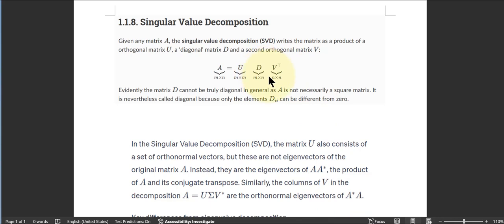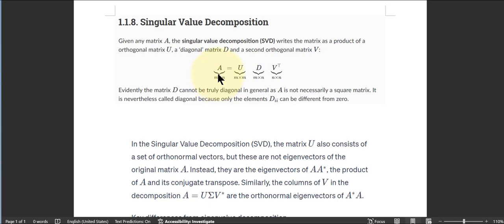Okay, that's pretty complicated, but the main point is that we have a way to factor A. Before, it was a way only to factor A when it's symmetric, but this applies for every A. So that's more powerful, or at least it could be more useful than the eigenvalue decomposition.